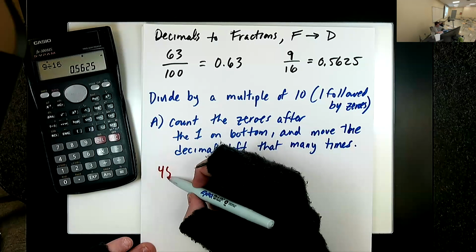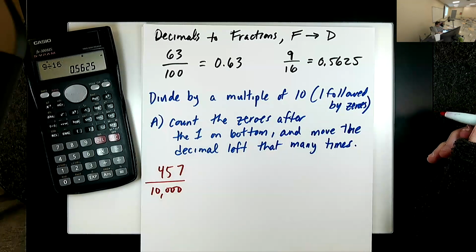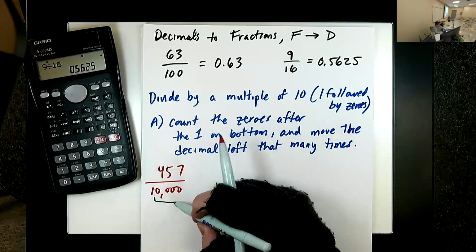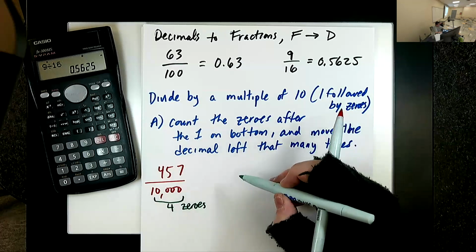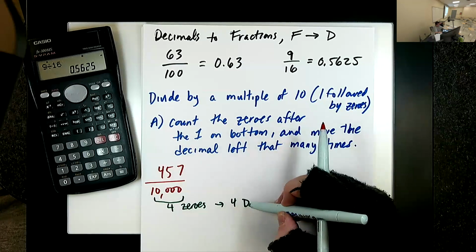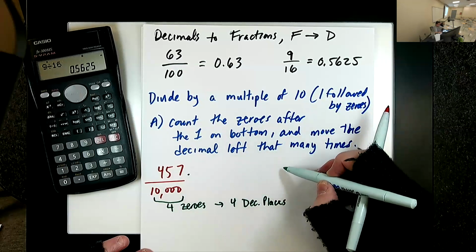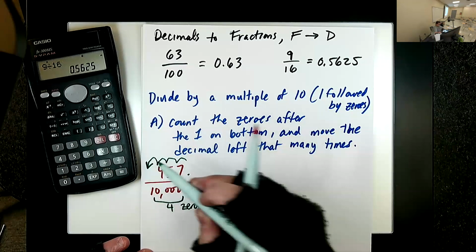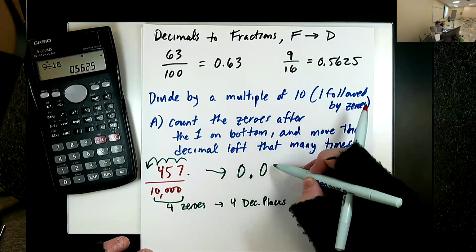For example, 457 divided by 10,000. I have 4 zeros here. So I'm going to move the decimal 4 decimal places. So it's going to go pop, pop, pop, pop. And I need to add another 0 in front. This becomes 0.0457.